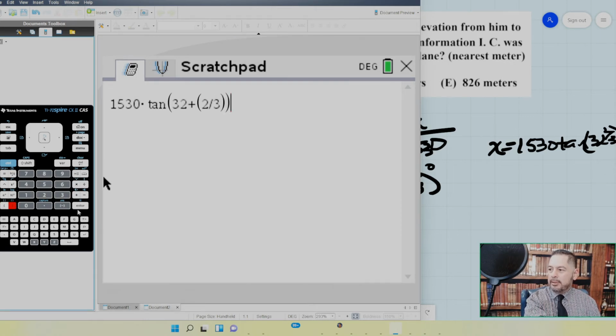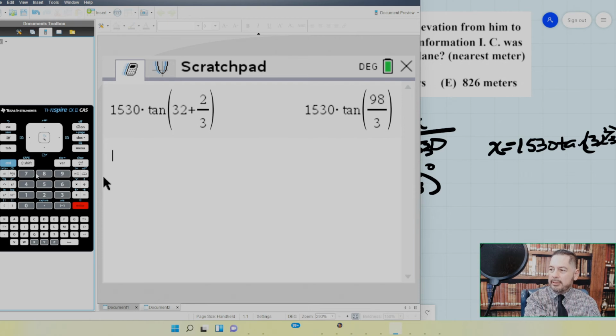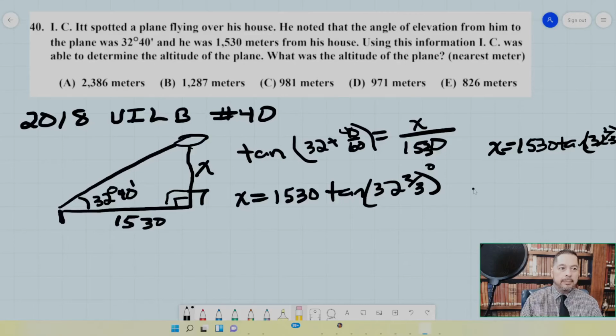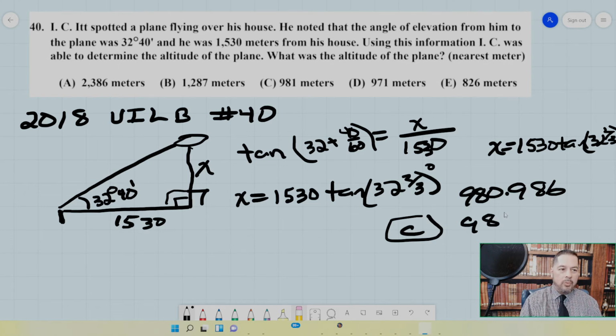And our answer is in exact mode. So to get the approximation, I'll press Control Enter. And we have an altitude of 980.986 meters. And to the nearest meter, that is C, 981 meters.